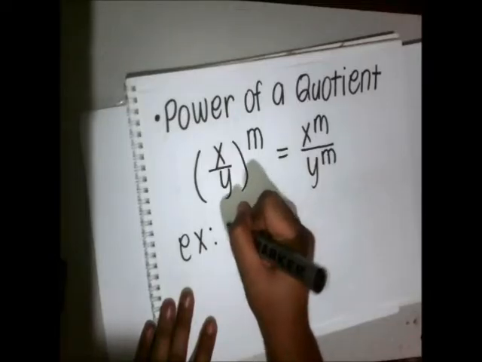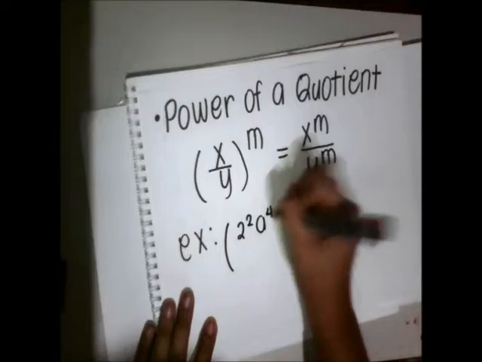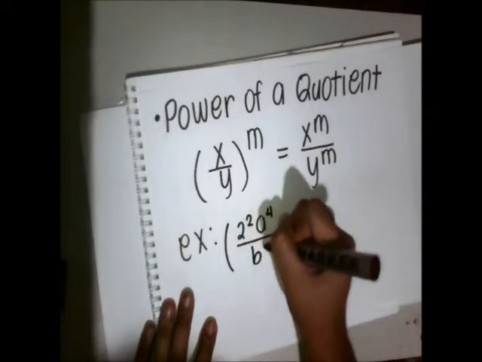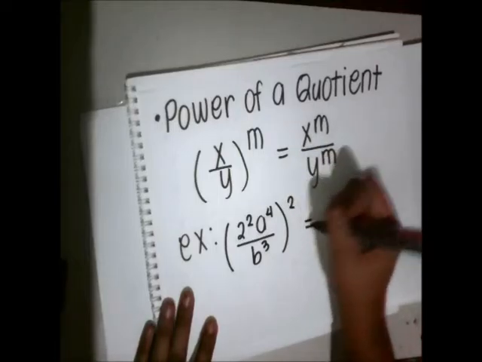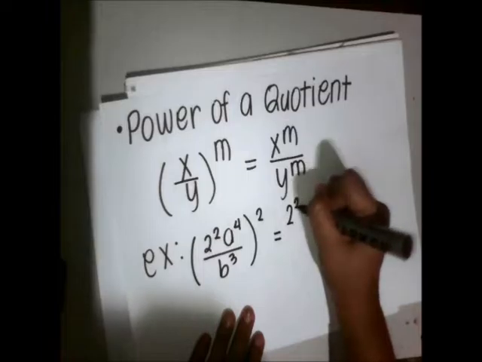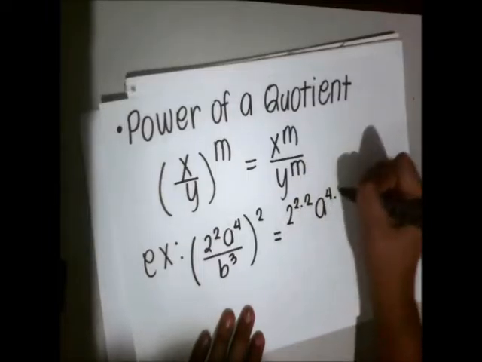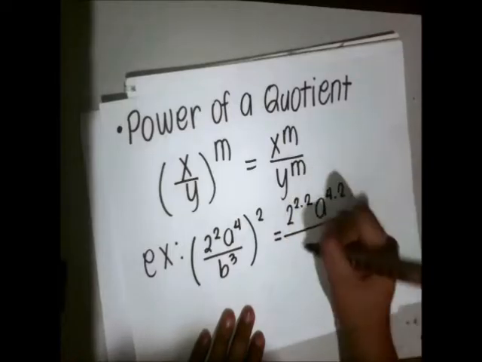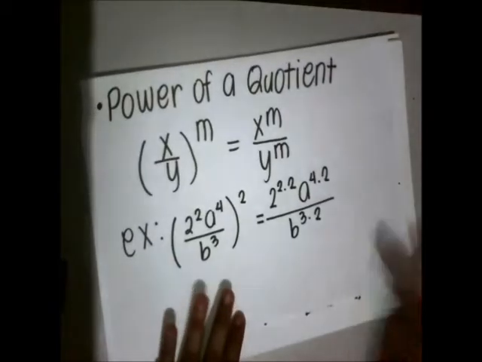We have here an example. Quantity of 2 squared times a raised to 4 over b cubed raised to 2. So raise both the divisor and the dividend to the given exponent. We have 2 raised to 2 times 2 times a raised to 4 times 2 over b raised to 3 times 2.